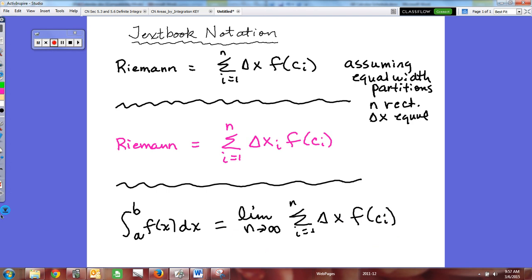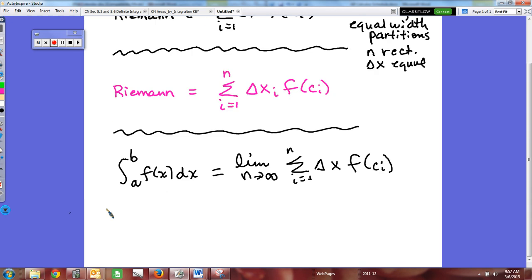There's another way to think of this: as the number of rectangles increases, my width is getting smaller and smaller for each one. So another way to look at this would be the limit as delta x goes to 0 instead of the limit as n goes to infinity. They are exactly the same concept, just a different way of saying the same thing.